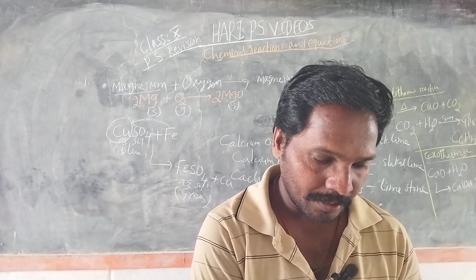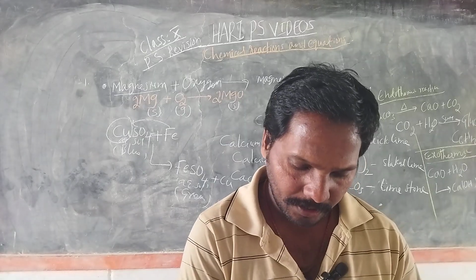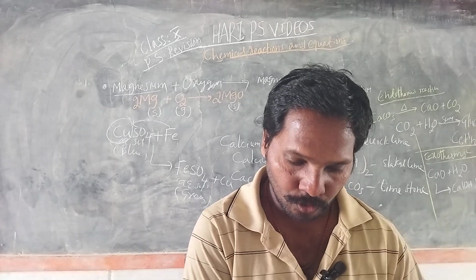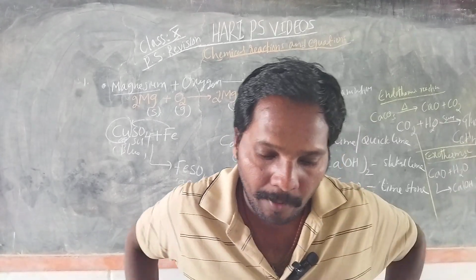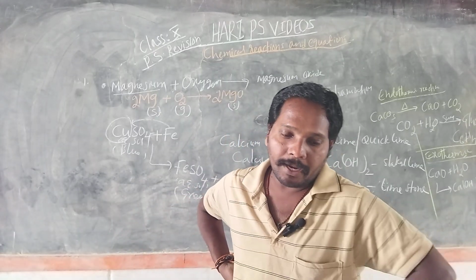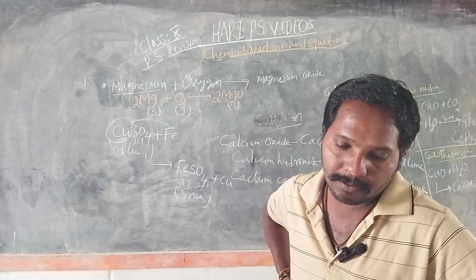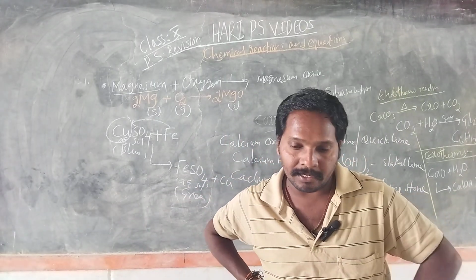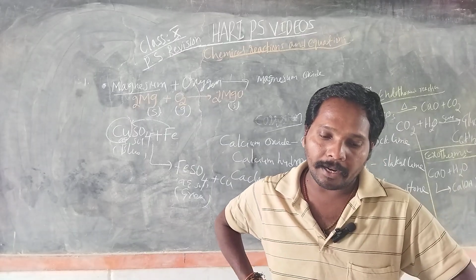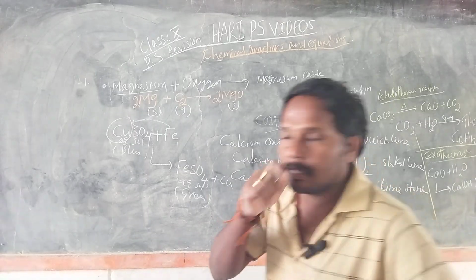So that's why we cannot use copper to stir. When a copper strip is placed in a solution of silver nitrate, then copper nitrate solution and silver is formed.